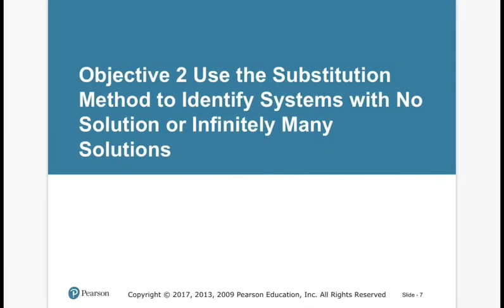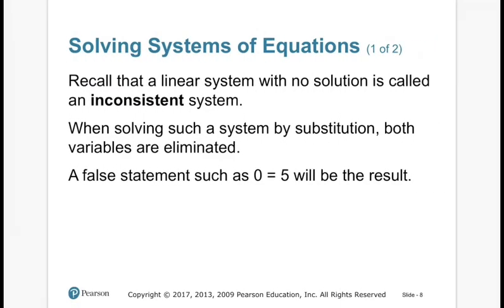Objective 2: use the substitution method to identify a system with no solution or infinitely many solutions. Okay, so recall, this can only produce three possible answers: one solution, no solutions, or infinitely many solutions. One solution is when your lines crisscross, at that point.